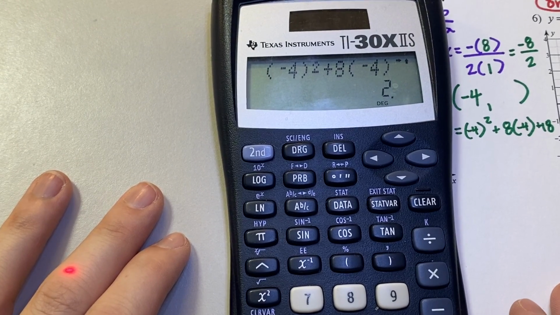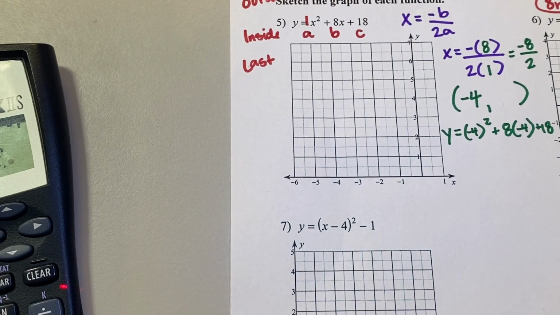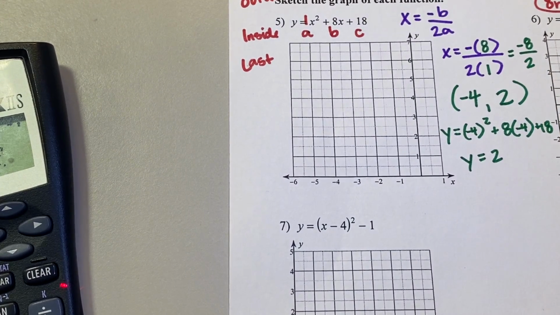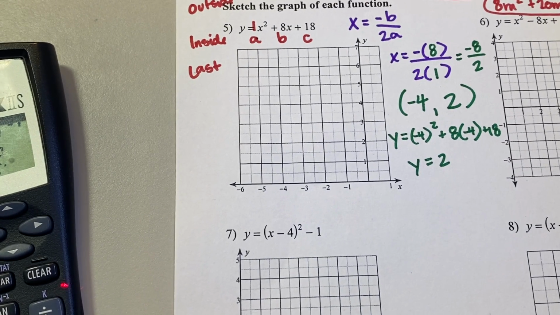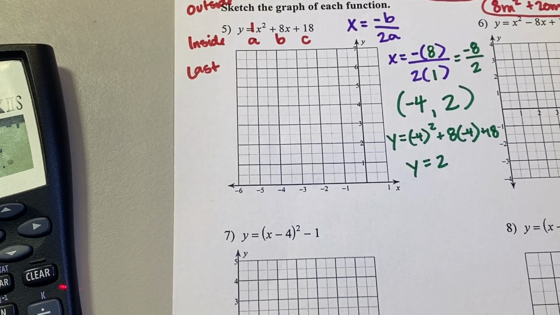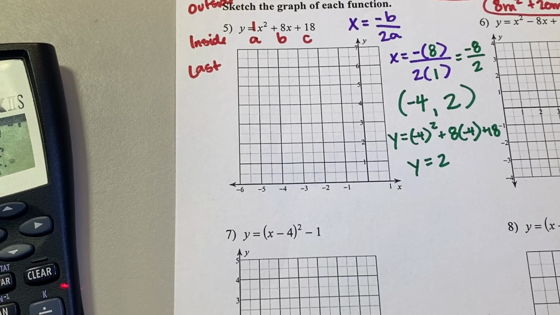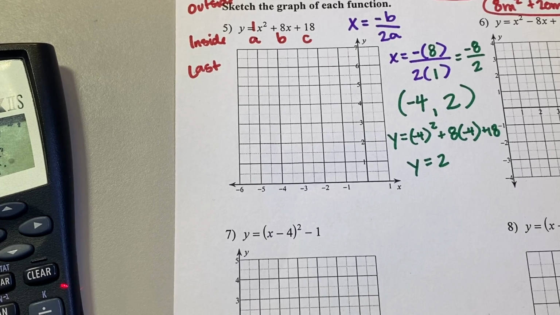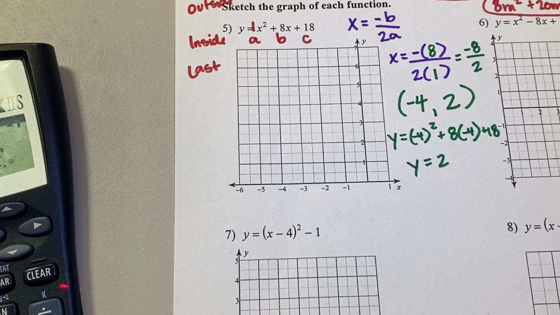And there's my y. My y equals 2 for my vertex. So just let the calculator do the work. The tricky part is typing it in exactly how it looks. If you don't include those parentheses, you will get a different answer.